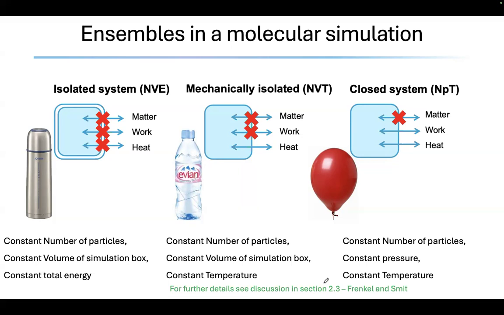In a microcanonical ensemble, there cannot be any exchange of matter, no exchange of work across the borders of the box, and no exchange of heat across the simulation box, which basically tells you that the number of particles is constant because the matter is constant.